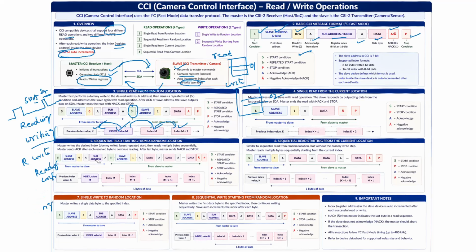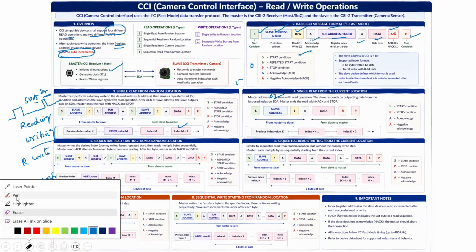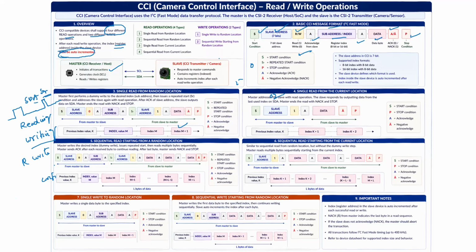What is the write operation it is doing here? It is doing a single write operation to a random location and a single write operation from the current location. Okay, single write to a random location, and sequential write starting from a random location.